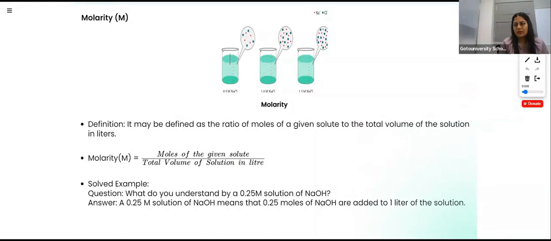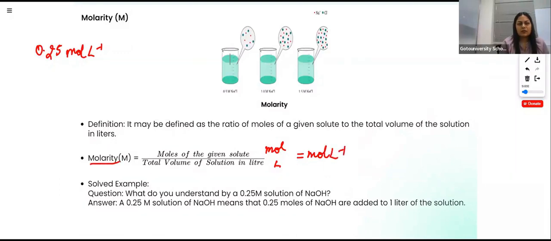For example, if I say 0.25 mole liter inverse, mole will be the unit of solute and liter will be the unit of solution. That means mole per liter is the unit of molarity.